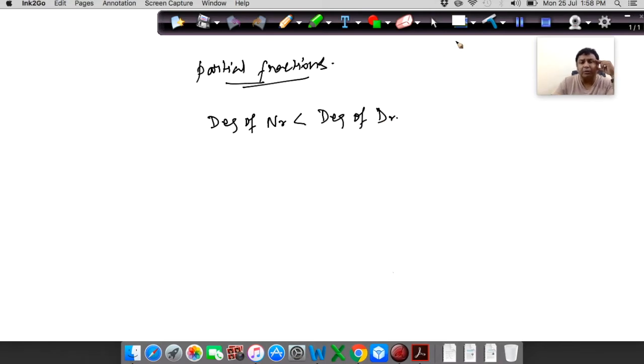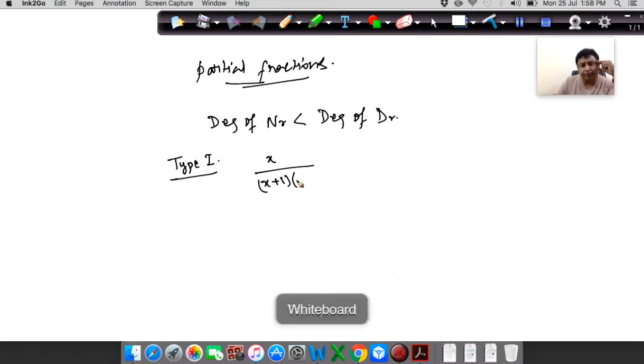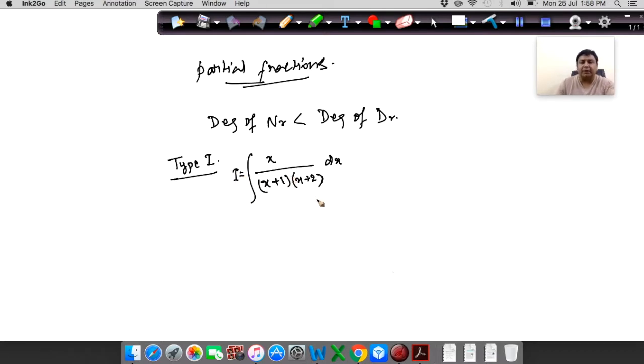What we do actually. Type 1 partial fractions. So let's take some example like x upon (x plus 1)(x plus 2). So this is the integral, but I told you that partial fraction is not integration.